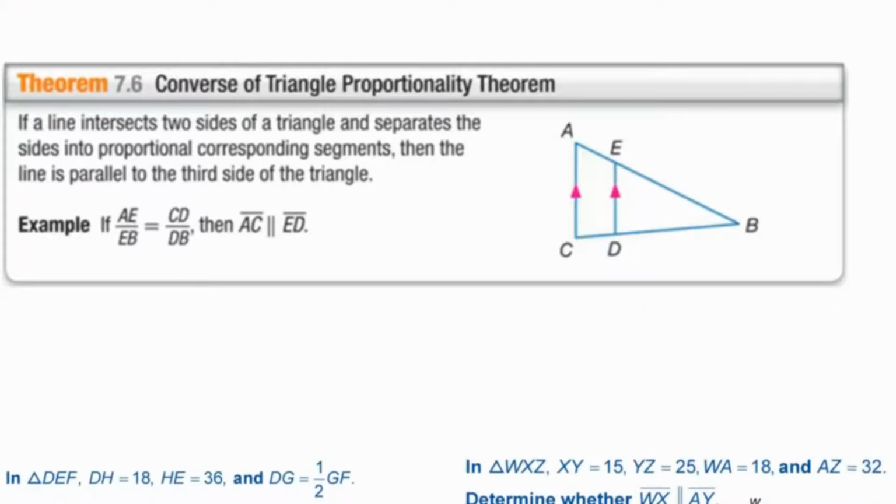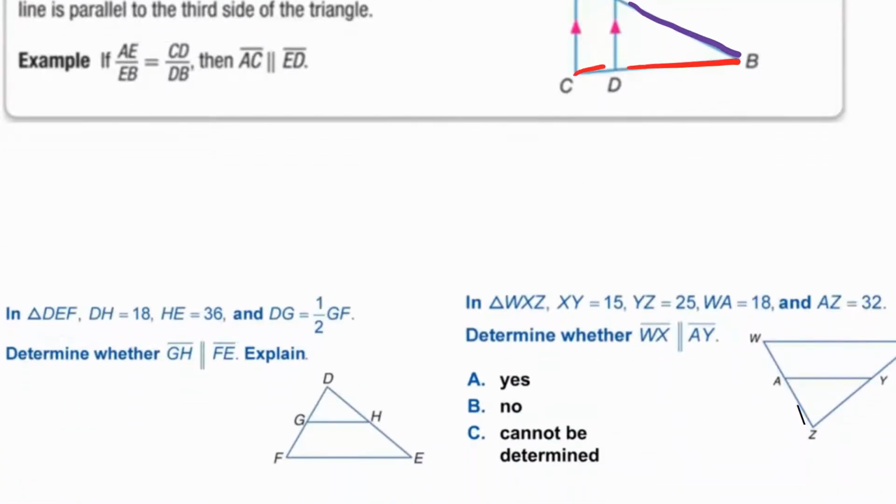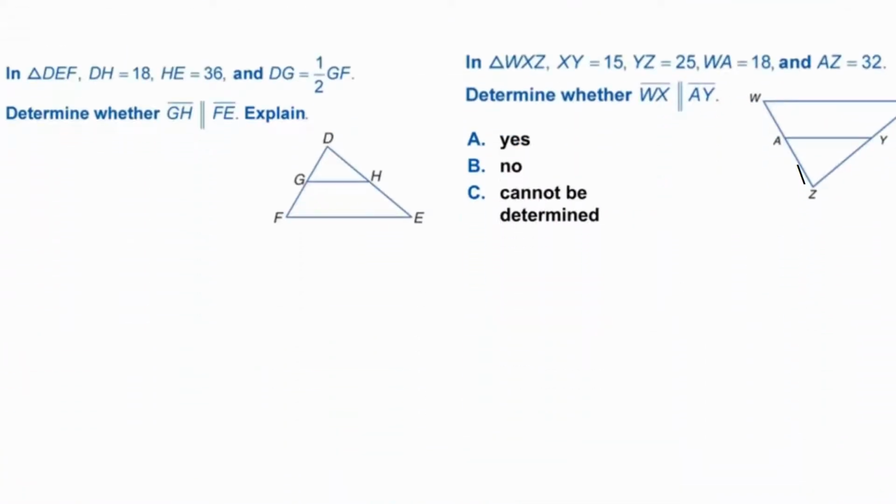The converse goes the other way. If we can show that AE over EB equals CD over DB, then we can say that AC and ED are parallel. In the next problem, we don't know that GH and FE are parallel.